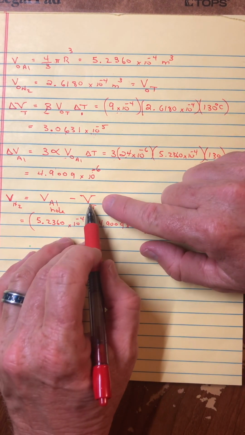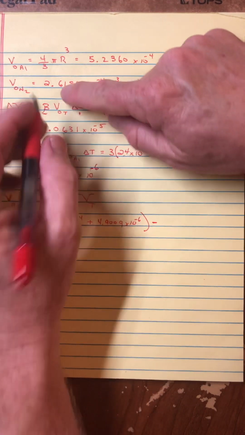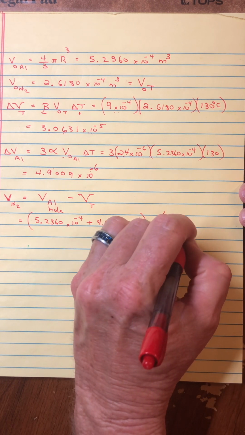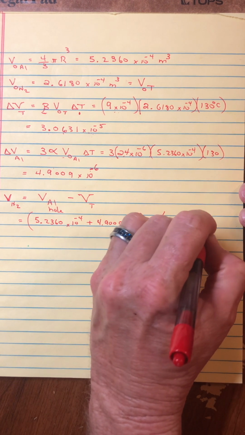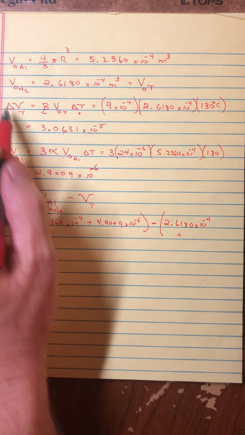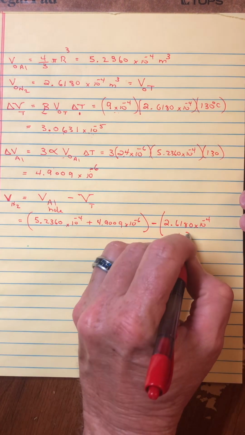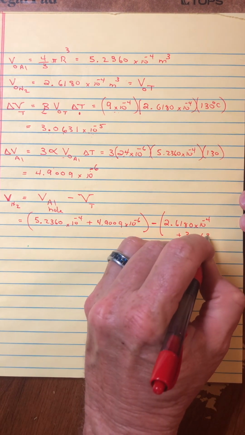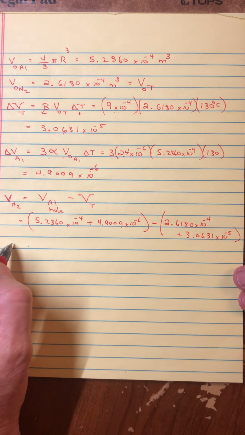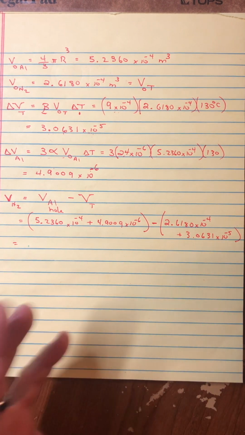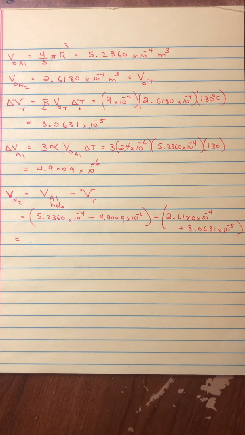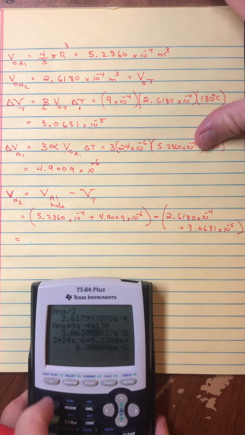And then likewise, the turpentine, I need to take its original volume, 2.6180 times 10 to the minus 4, and then add to it how much the turpentine grew, or expanded might be a better word. And that leftover space is where the nitrogen is fitting into all this.